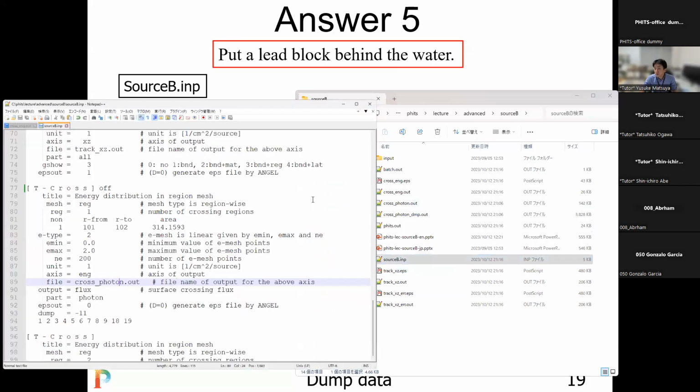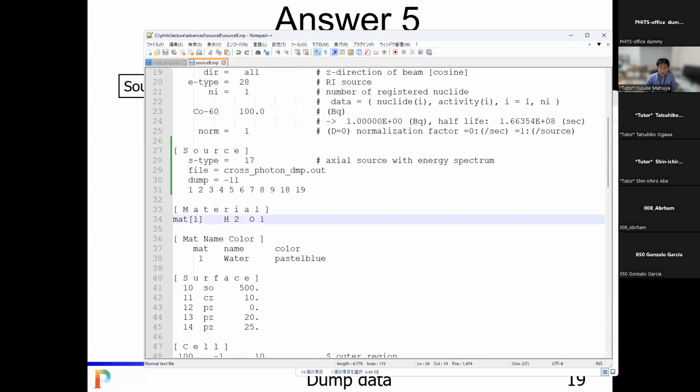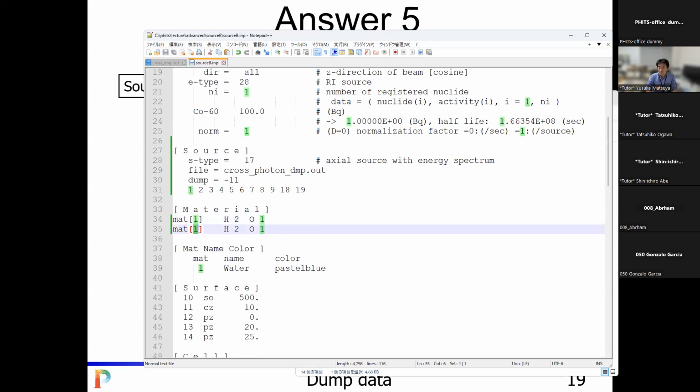So moving on to the material section, copy and paste and define the new material ID 2 and define the lead like this.